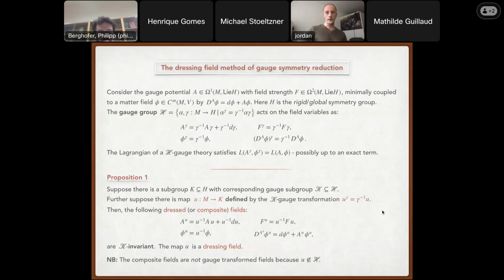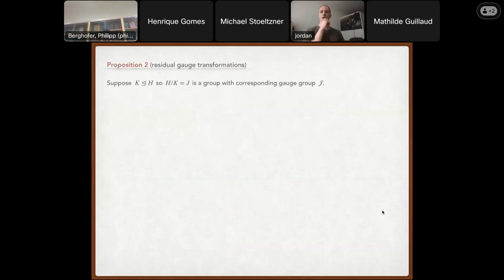So we have a particularly nice situation when what remains of the gauge symmetry forms a group. The technical requirement for that is that the K subgroup should be a normal subgroup, right?